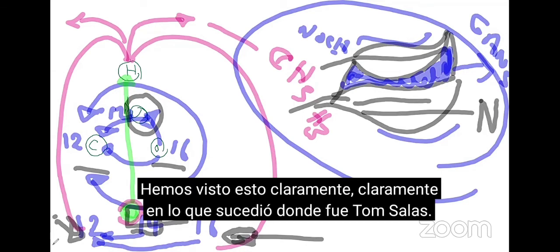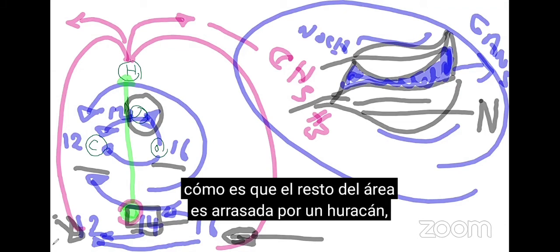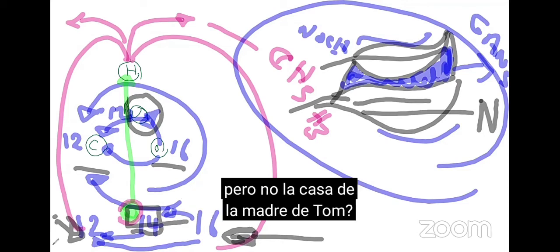We've seen this clearly in what happened where Tom Selleck went. Maybe now for the first time you understand how come the rest of the area is flattened by hurricane, but not the house of the mother of Tom.